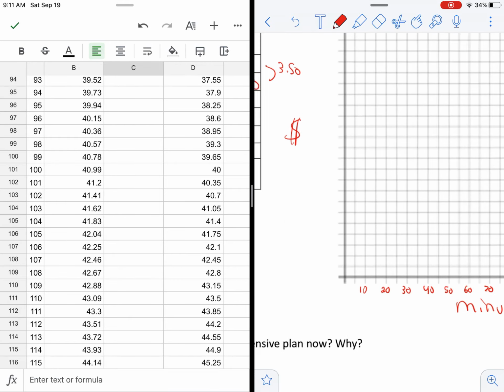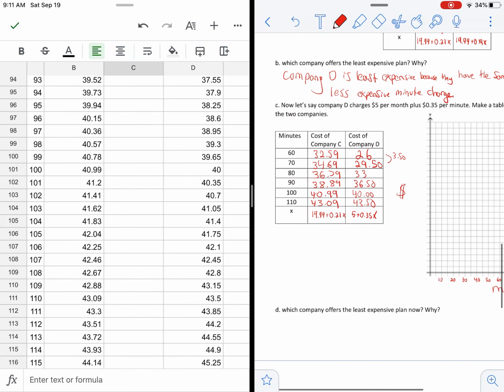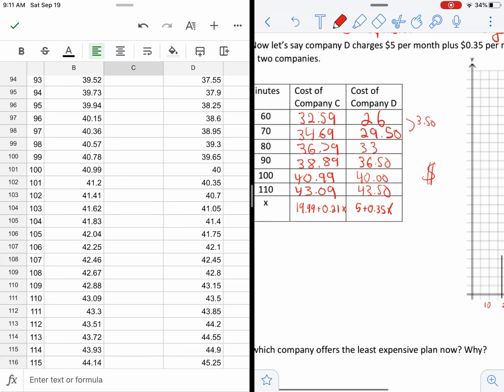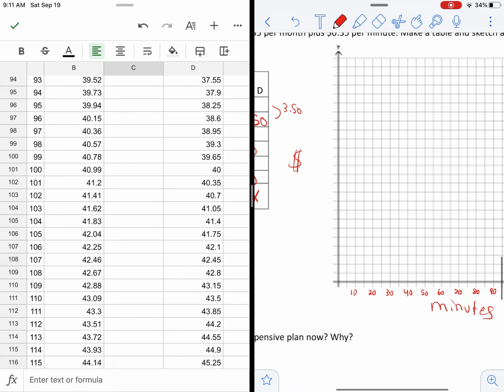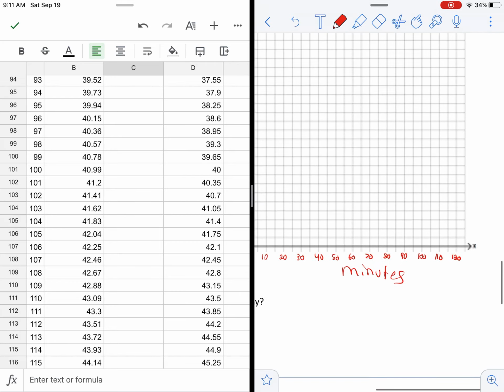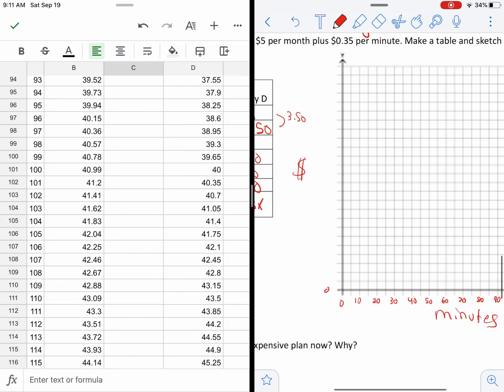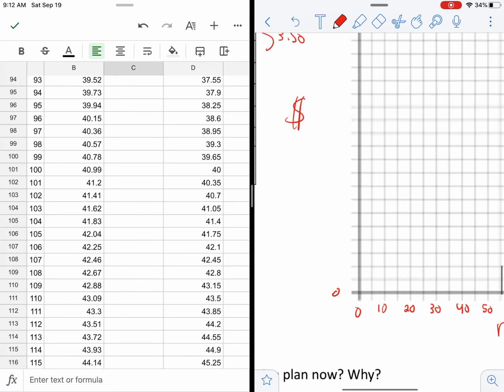Perfect. For the dollar amounts, it looks like at 110 minutes, I'm right around $43, $44. So I just need to make sure I get up to that amount. Again, it looks like we have maybe roughly 20-some tick marks. So if I count by 2s, 3s, or 4s, I think I'll get there.